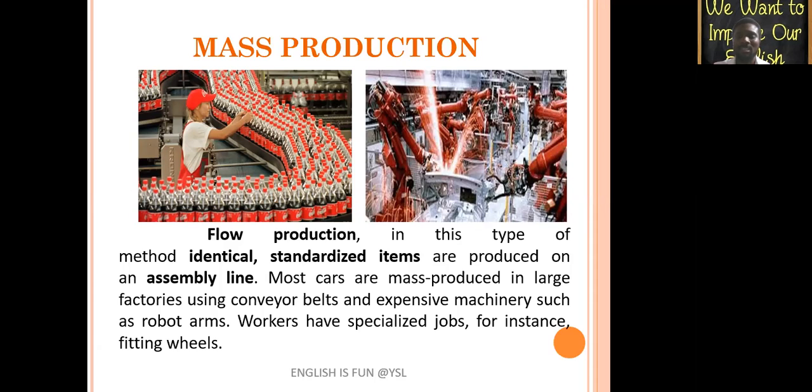These are peculiar to the bigger companies, like Coca-Cola, even the car companies, the car industries. They go into mass production. They have sophisticated tools and machineries that work this out for them.